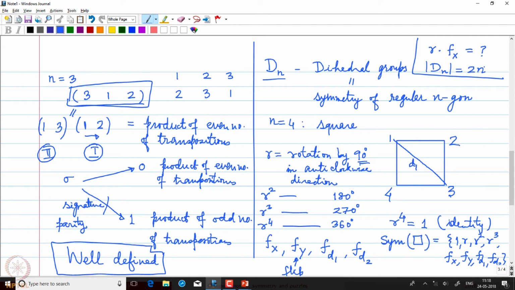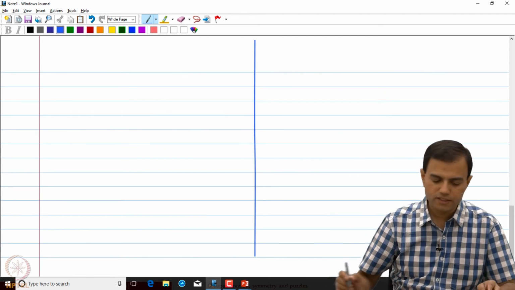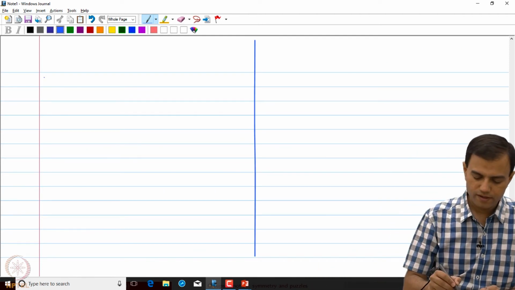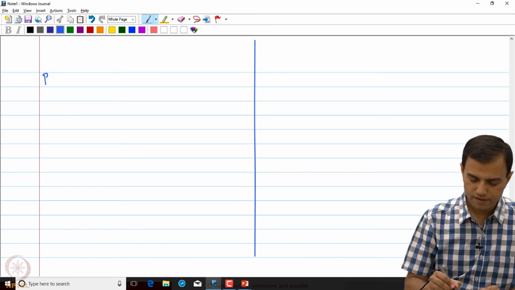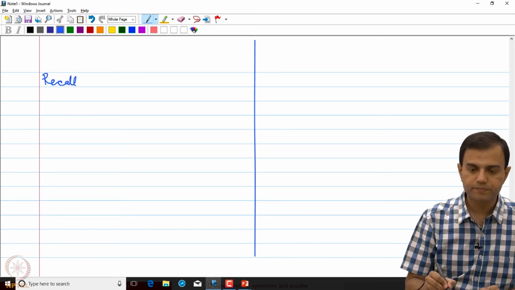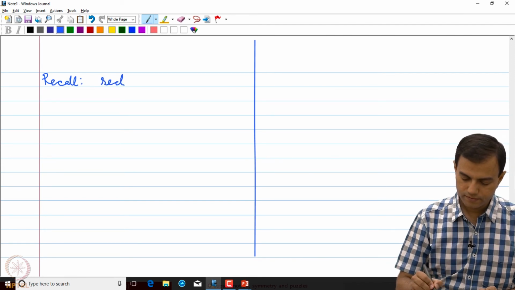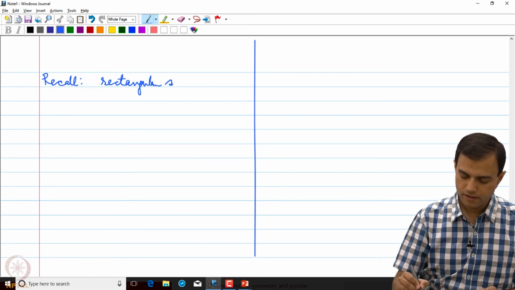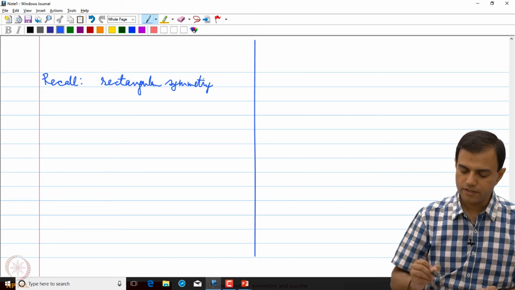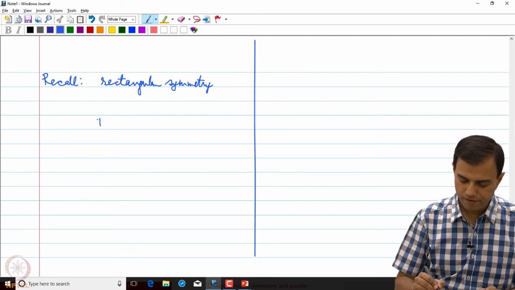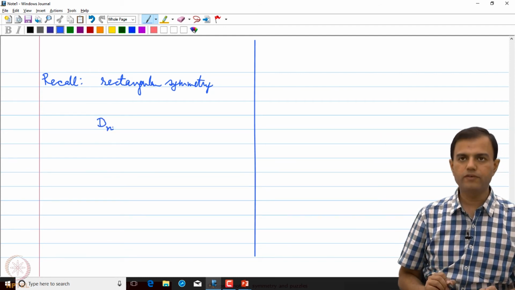This has some contrast with the symmetries of rectangle, and I will just tell you what that is. So, you recall rectangular symmetry group, and here you have dihedral group.